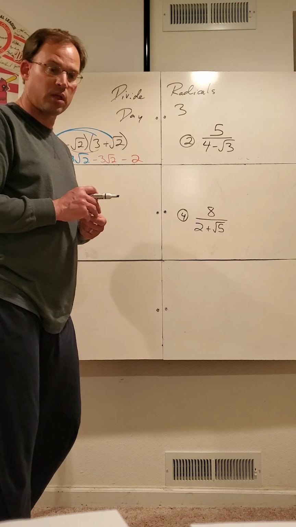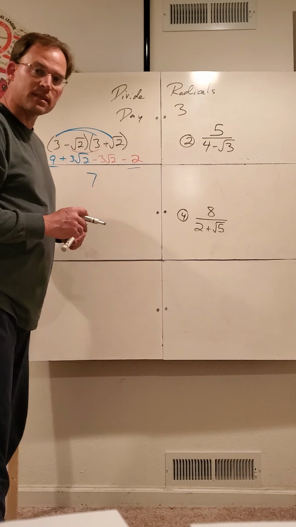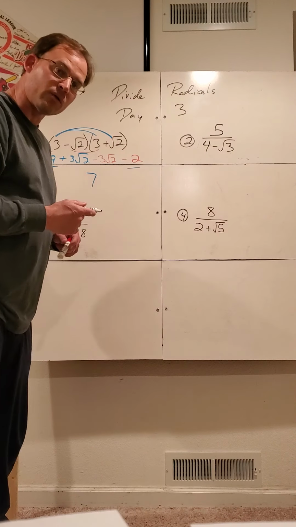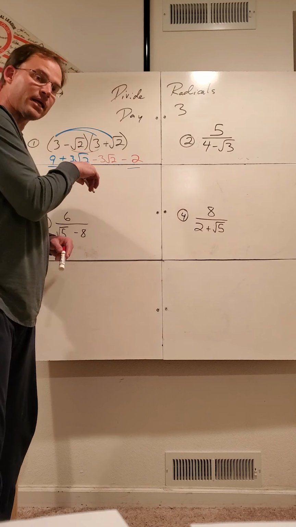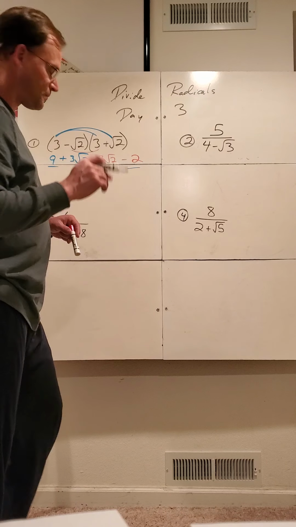No square root of 2's left. So I have 9 minus 2 is 7. So I have a problem that started with 2 radicals in a double distribution, but I get a whole number answer. That's going to be key for these 3 problems.